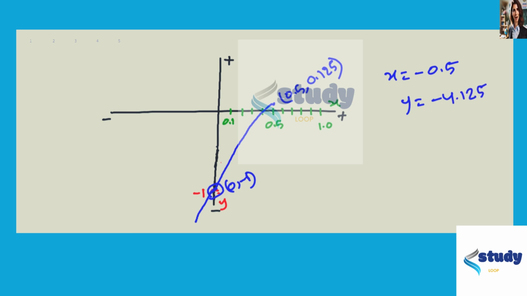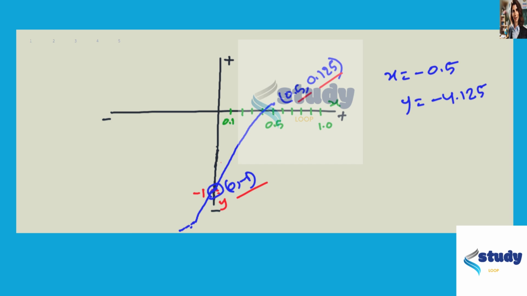So that means another point is somewhere down here. If we add these 3 points, it will be a graph like this, by which we are connecting the points (0, minus 1) and (0.5, 0.125).